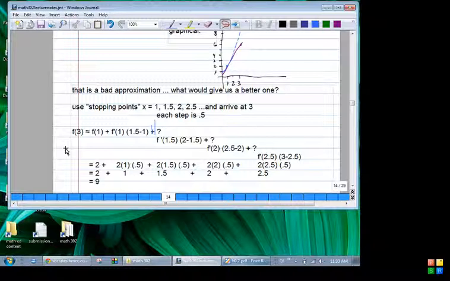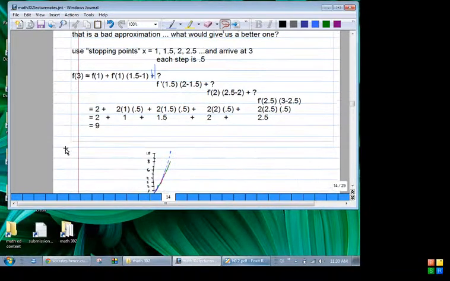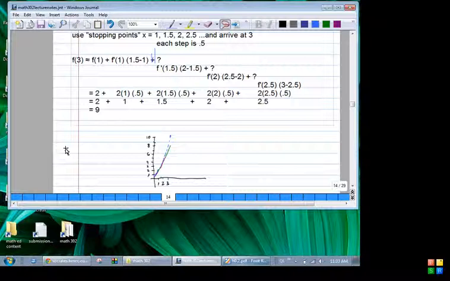And what does this look like graphically? It looks like this. I tried to use different colors so you can see. Let me point out more clearly.